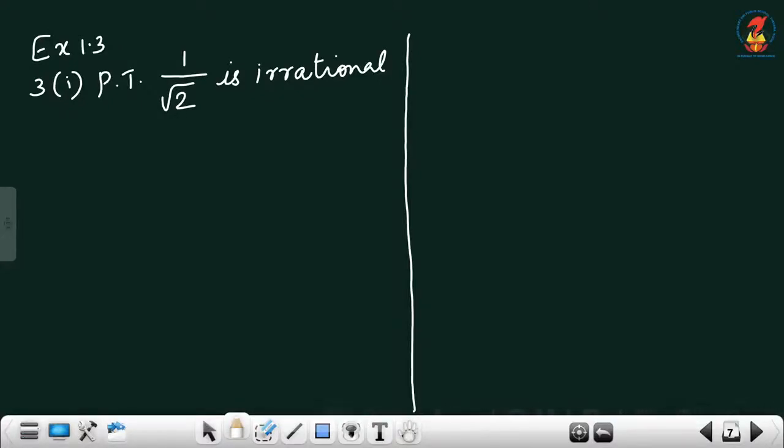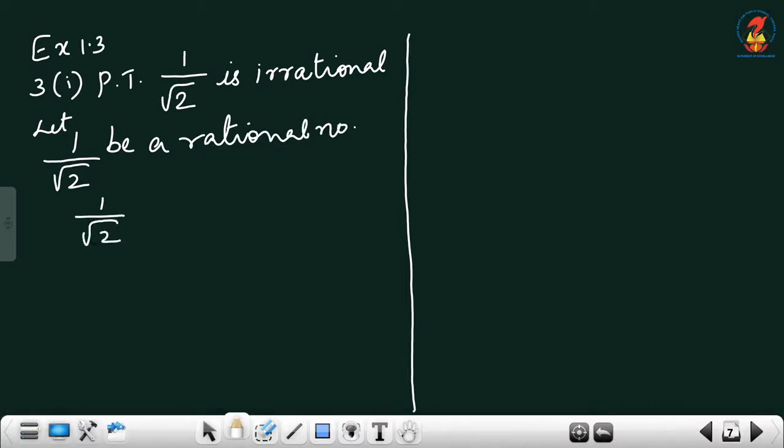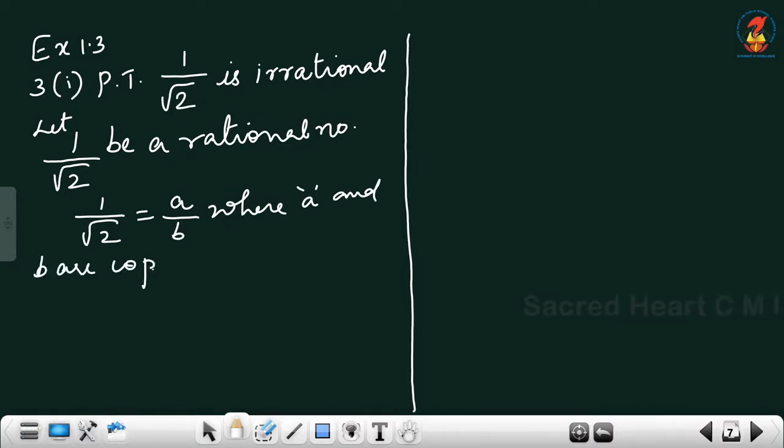Exercise 1.3, third question, first subdivision. Prove that 1 by root 2 is irrational. So first step is let 1 by root 2 be a rational number. So we can write 1 by root 2 is equal to a by b, where a and b are co-prime, and b not equal to 0.